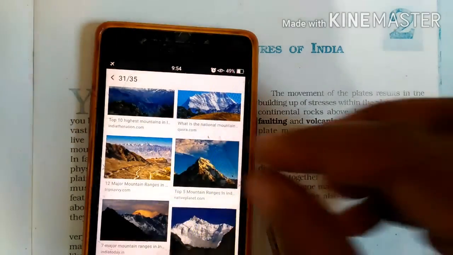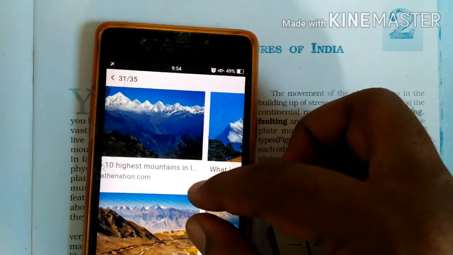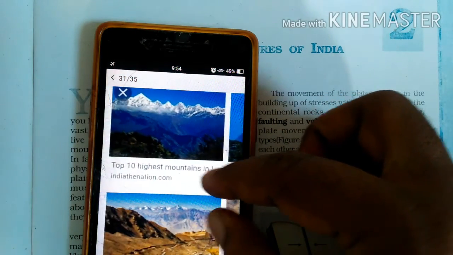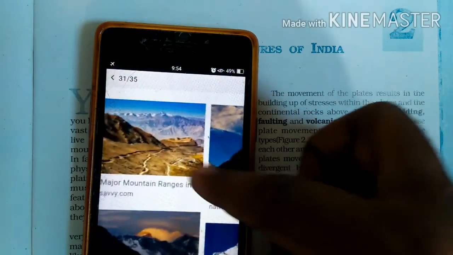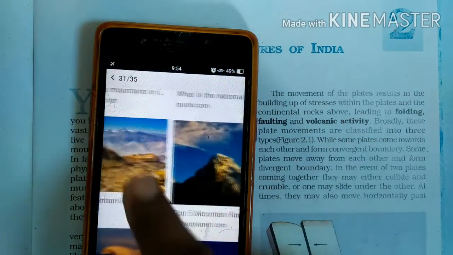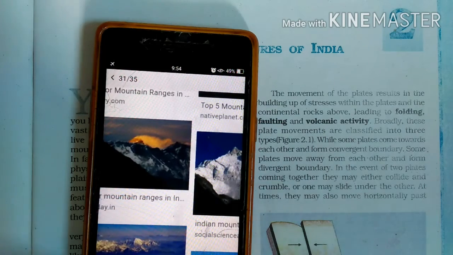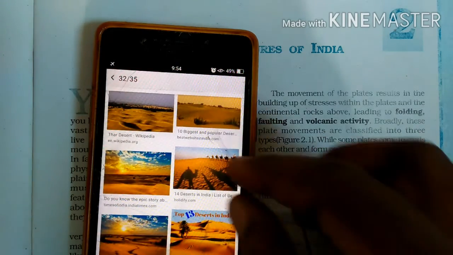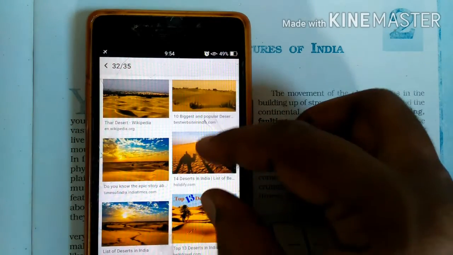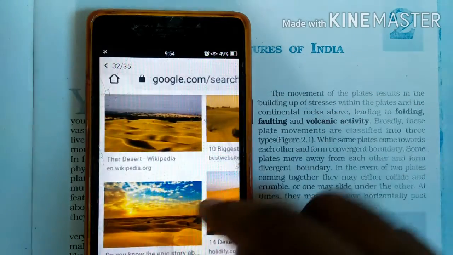See here, you can see some mountain pictures here. Now we will see the next. Here we can see the desert area in the country.